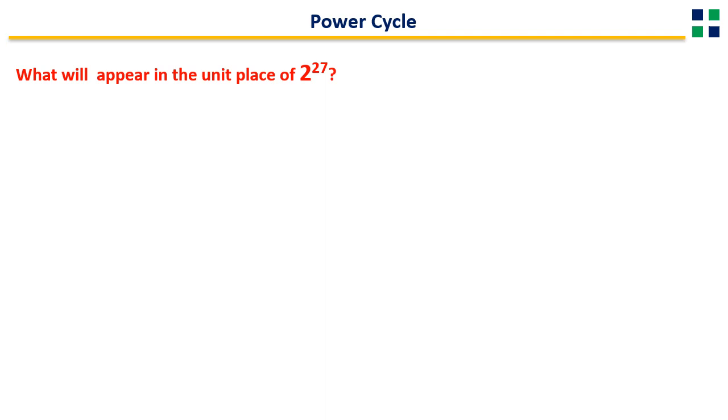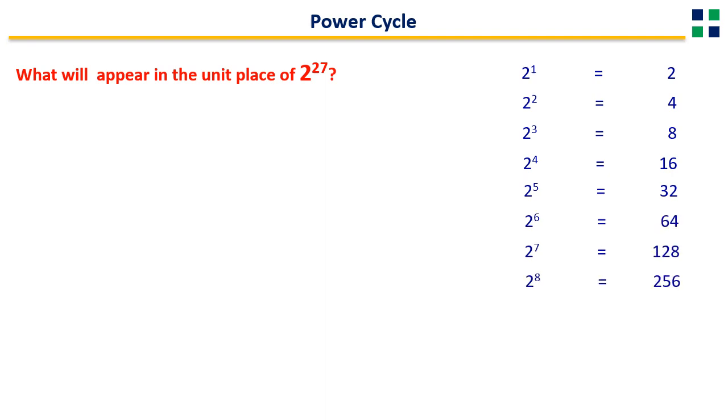Okay. So इसके लिए अपन 2 का powers चालू करते हैं as 2 to the power of 1. So 2 will appear. If I take 2 square, it will be 4. If I take 2 cube, it is 8. 2 to the power of 4, it will be 16, 32, then 64, then 128, then 256, then 512, 1024, and so on.